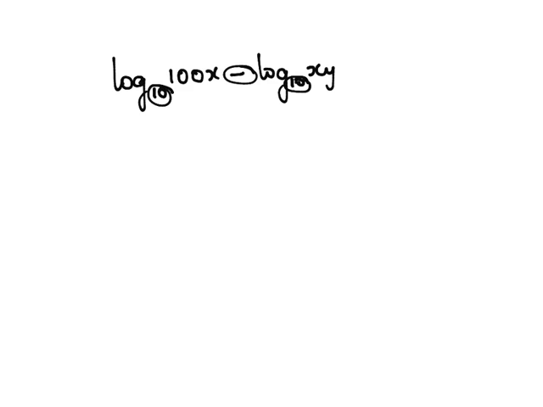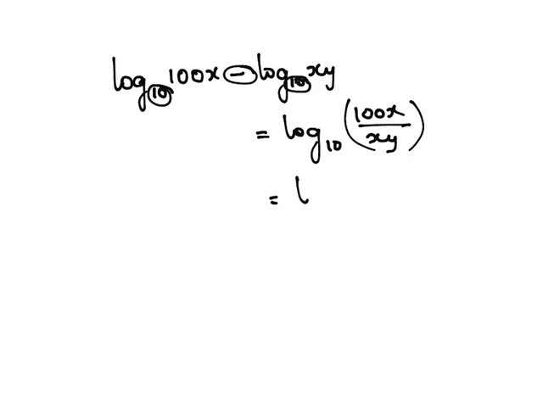So I can write this as log of a quotient, 100x by xy, to the base 10. So basically, which means log of 100 over y to the base 10. Okay, so one more example. Now this time around we'll use product as well as quotient rule.